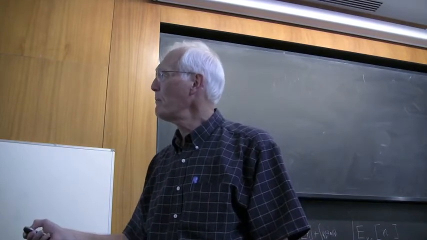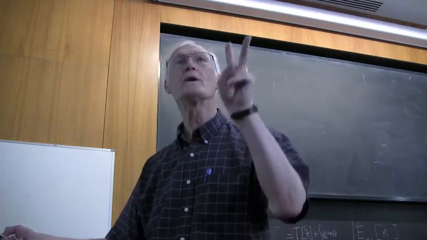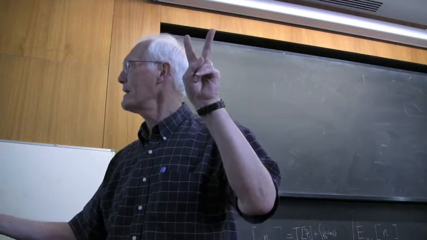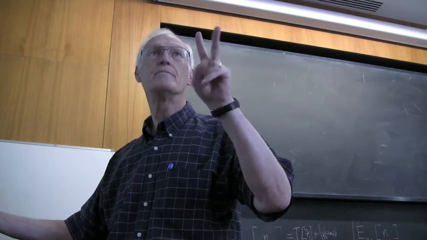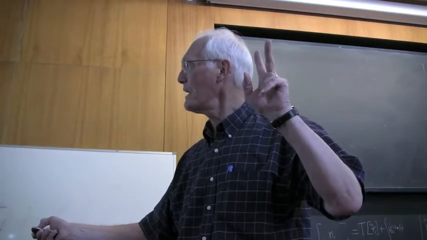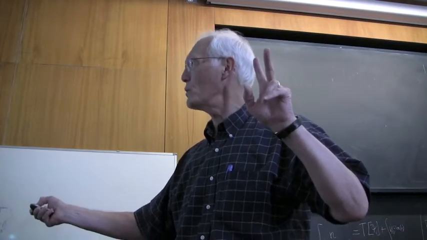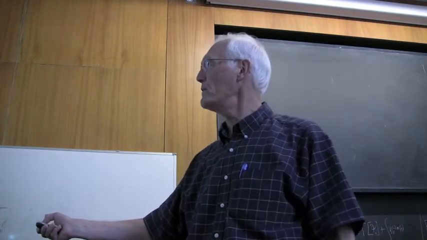Here's a couple of figures. This is for beryllium, anyways, for two-electron atoms or ions. And the dotted line is the density functional potential, the Kohn-Sham potential, and the solid line is the actual potential that this electron would feel.